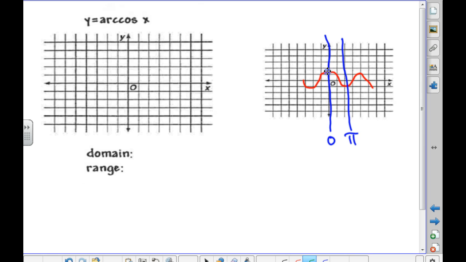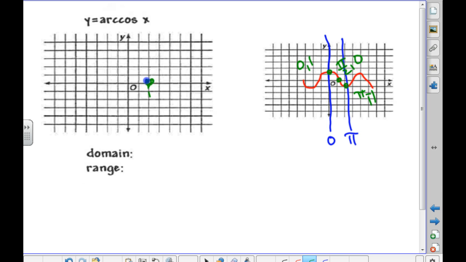All right, so what are the endpoints and that midpoint, what are the three ordered pairs? That's what I'm trying to say. 0, 1; pi over 2, 0; and pi, negative 1. Okay, so inverse, it would be 1, 0.